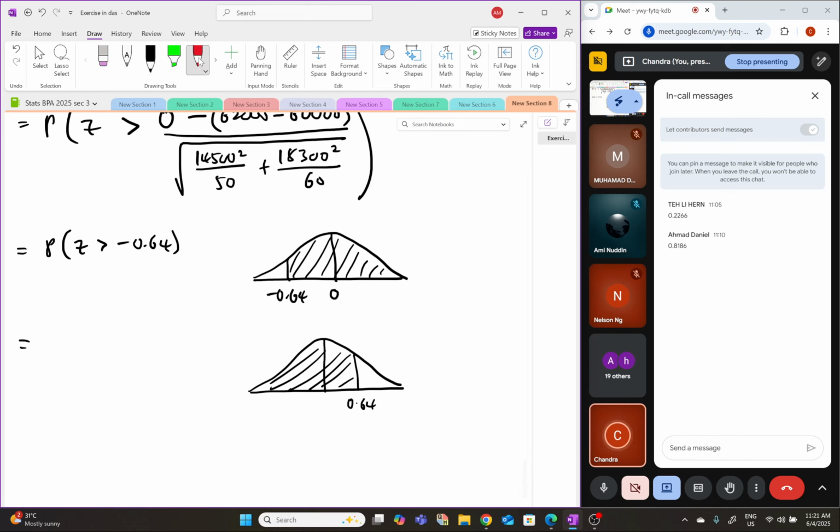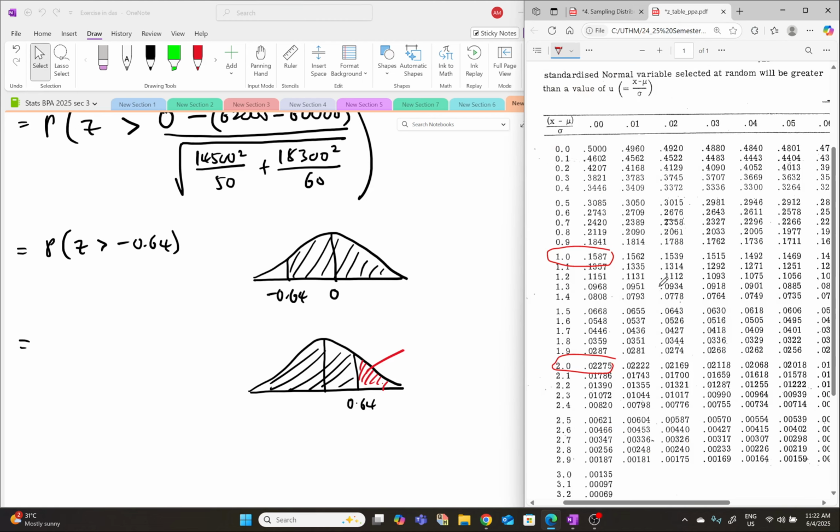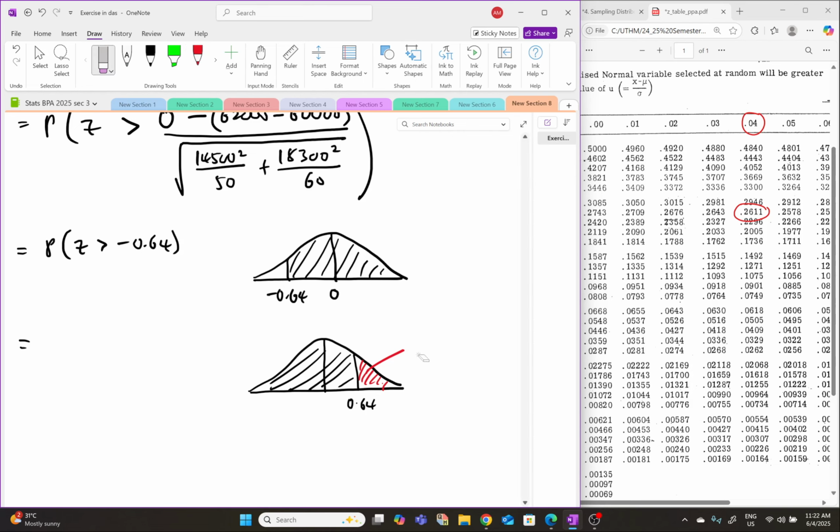We want the black color, so we need to find the red color here. How much is this? We go back to the table. 0.64261. So this one should be 1 minus 0.2611.